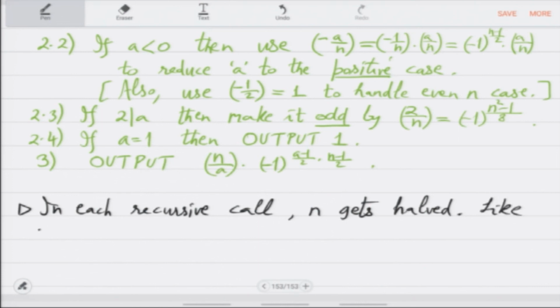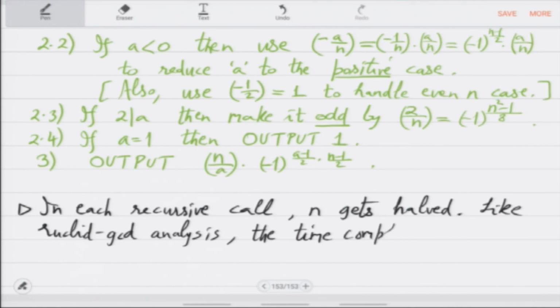So like the Euclid GCD analysis that we did in the very first week, recall Euclid GCD analysis. The time taken by this algorithm is only linear.